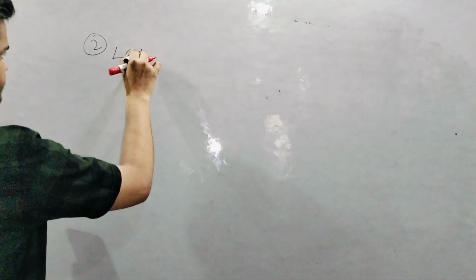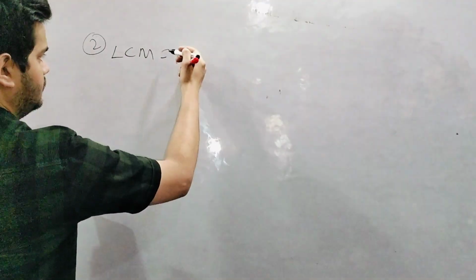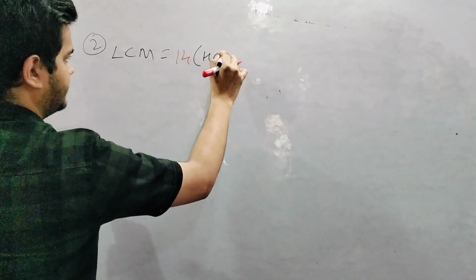Now question number 2 is: the LCM of two numbers is 14 times the HCF. जो LCM है वो HCF का 14 times है.